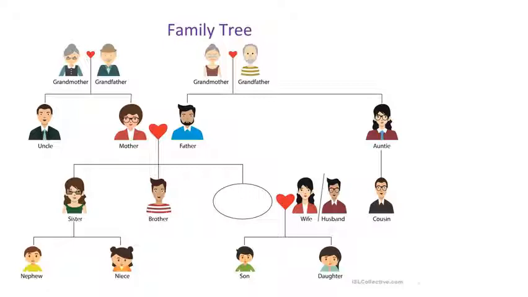Your uncle's son is also called a cousin. Do not confuse cousin with niece and nephew. Your niece and nephew are your sister's kids. Auntie or uncle's child is called cousin. Then wife and husband, their children are called son and daughter. So this is called a family tree.